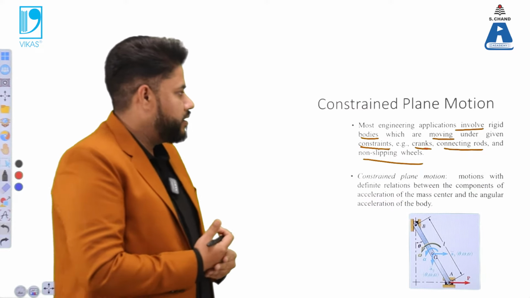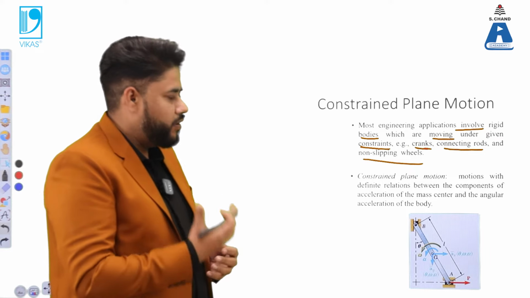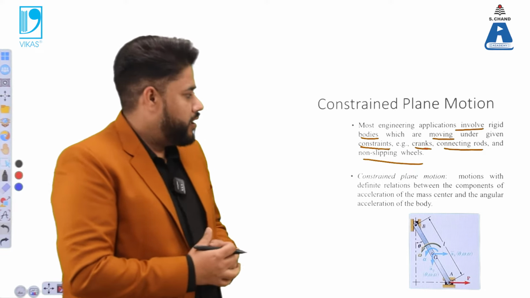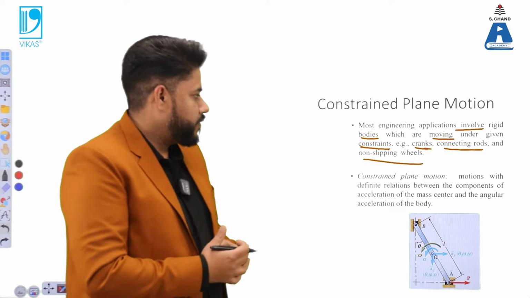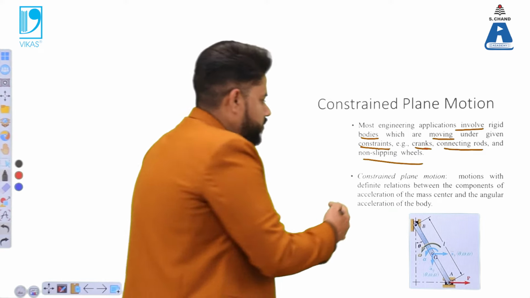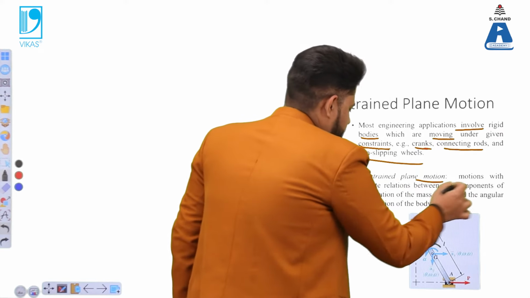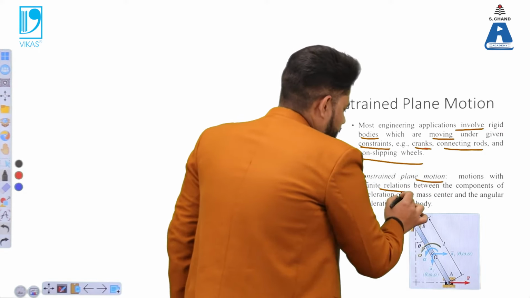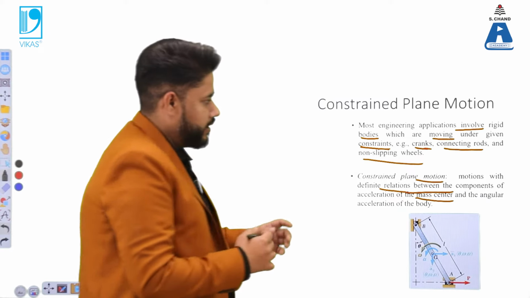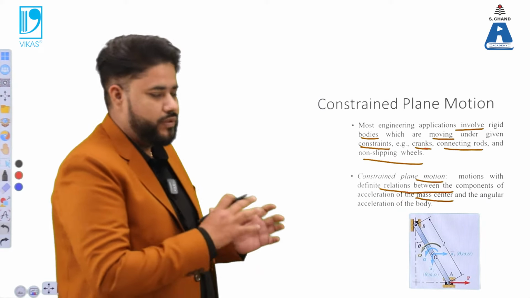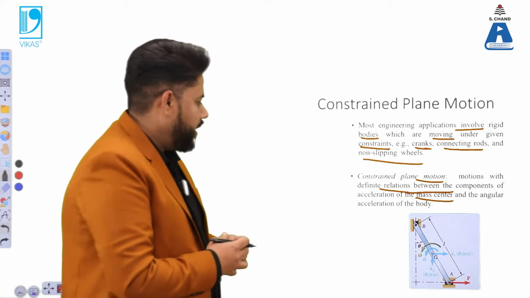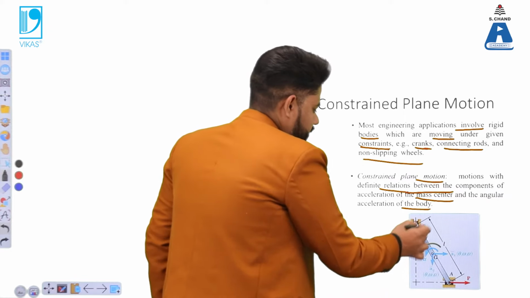Here it involves certain constraints while the components are in motion. So constrained plane motion is basically the motion with a definite relation between the components of acceleration of the mass center and the angular acceleration of the body.